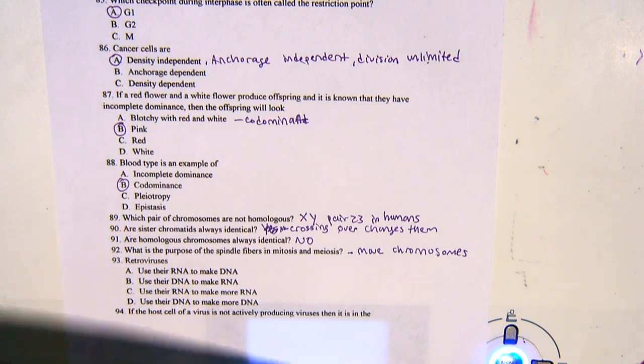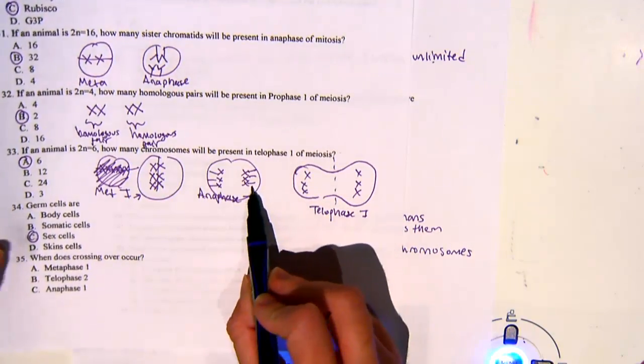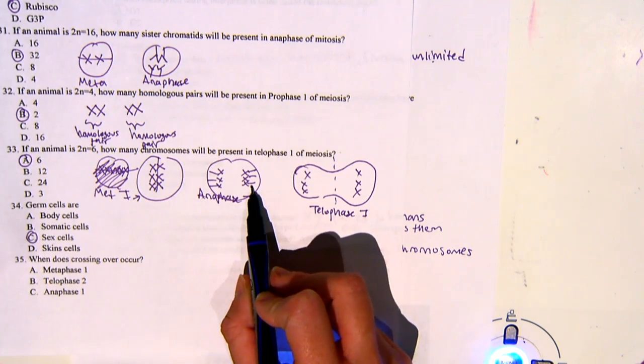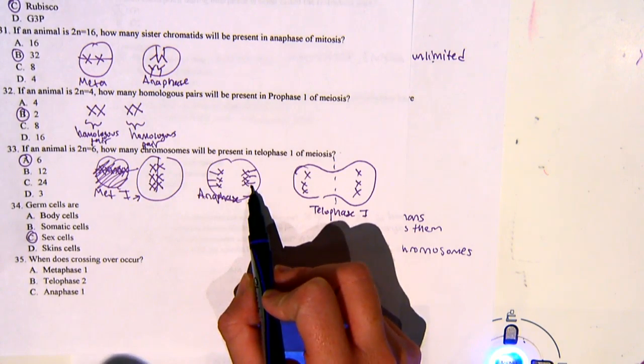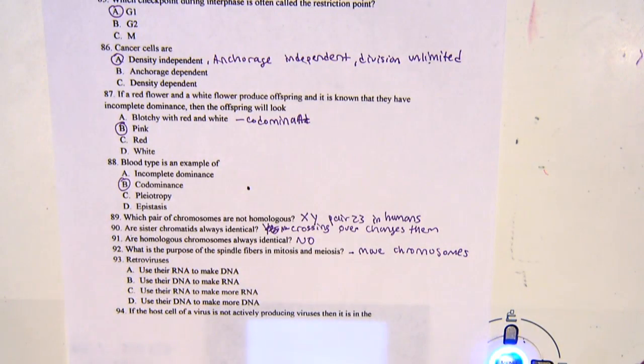Whenever we see something like this, where we have these little lines pulling our chromosomes, those are going to be our spindle fibers. So whenever you see those lines pulling chromosomes, those are spindle fibers. That tells us the purpose of spindle fibers is to move our chromosomes and chromatids.